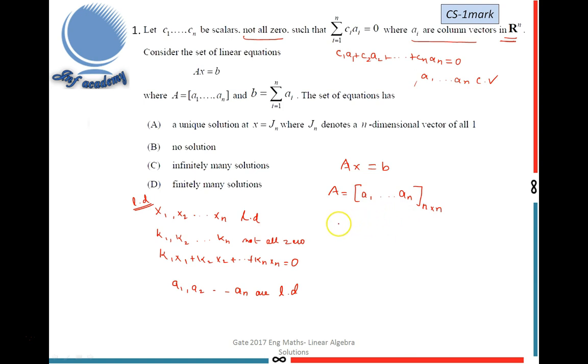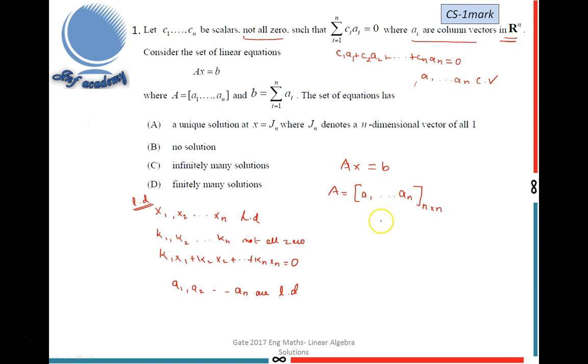Next, here I use one result. That result says, suppose the column vectors A1, A2, etc., An are linearly independent, then rank of A equal to n. Otherwise, they are linearly dependent. That means here A1, A2, etc., An are linearly dependent, so rank of A is always less than n. Because only if A1, A2, etc., An are linearly independent, then rank of A equal to n.